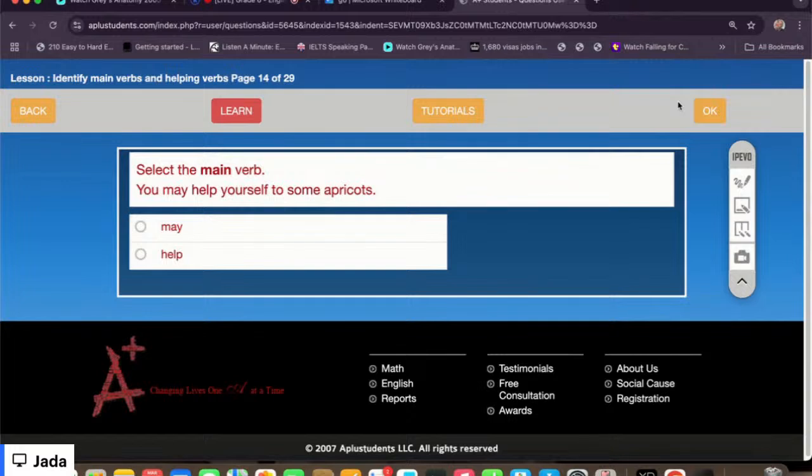And then we have, you may help yourself to some apricots. What is the main verb here?